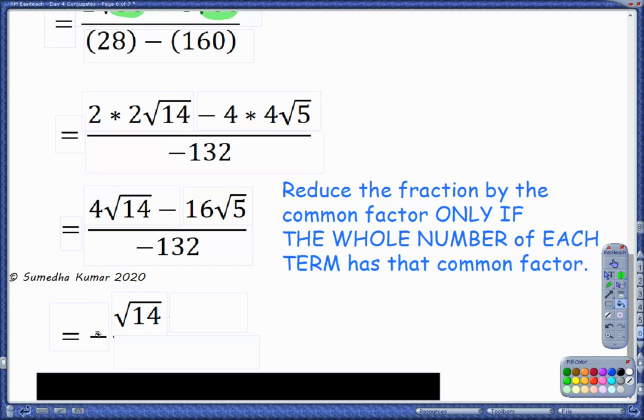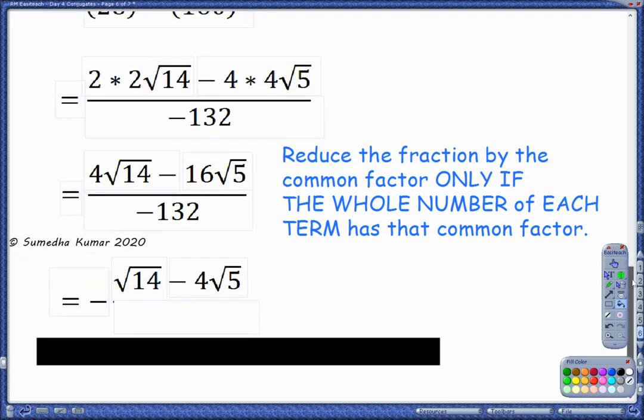And the fraction itself becomes negative because you cannot leave a negative in the denominator. Minus, this can be reduced by 4, so it becomes 4 radical 5. And the negative 132 can also be reduced by 4, and it becomes 33. And now all of these terms cannot be reduced any further, so you have finished your question.